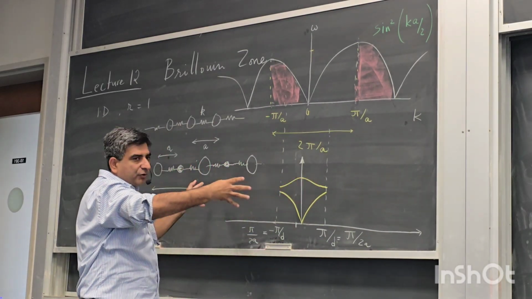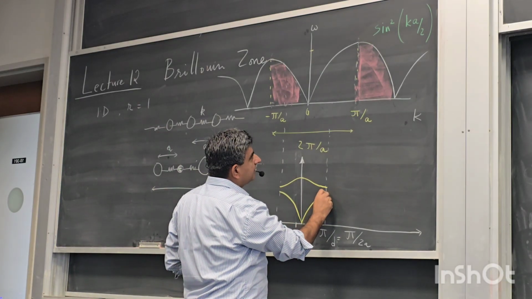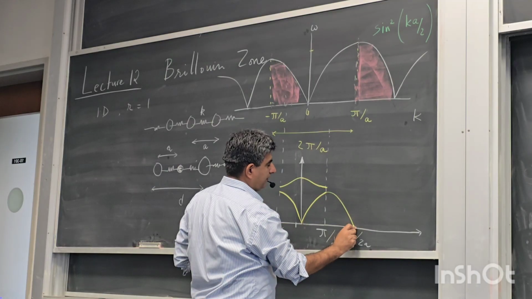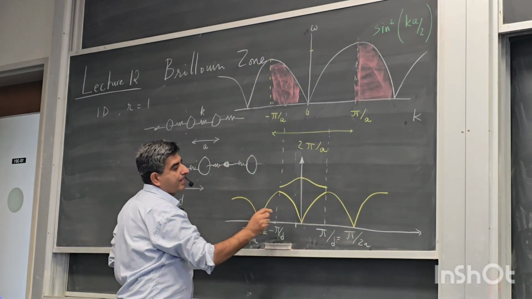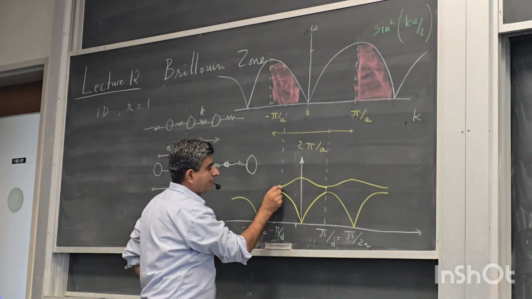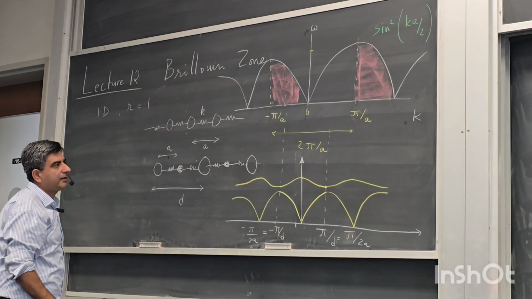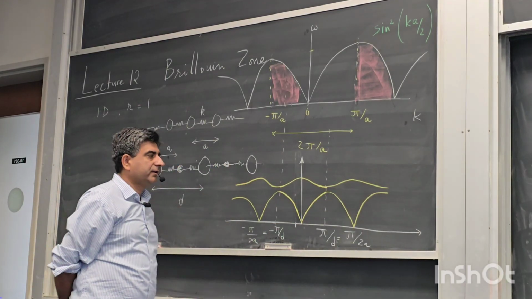So the entire Brillouin zone has shrunk. And of course this is a periodic function, so this repeats itself. Okay, so the one thing that we observe is that the Brillouin zone has shrunk.